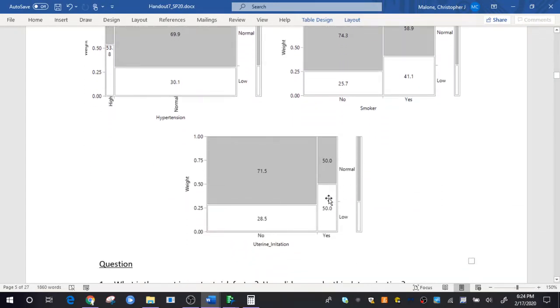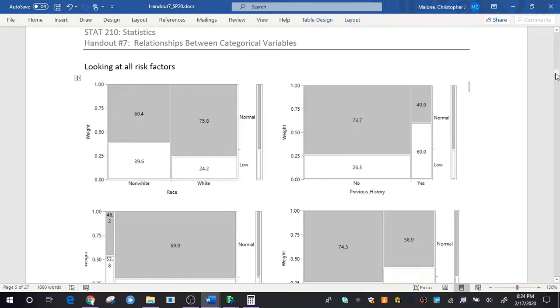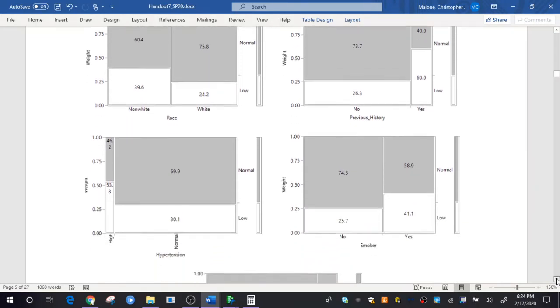Uterine irritation, again, that's slightly larger there. If we scan across all of these, again, the biggest separation or biggest difference looks like previous history here. So previous history seems to be the most important risk factor when trying to differentiate whether or not a mother is going to have a low birth weight baby.